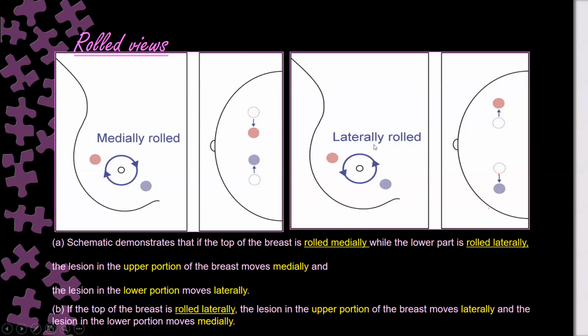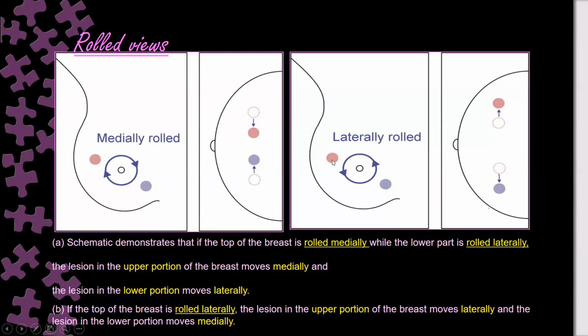Right. When I come to the lateral rolling, okay, I have the superior breast here on the lateral, same as this one, but I change the direction of pushing. I push laterally. So the lateral one, where will I push it? I'll push it more lateral, because I'm pushing in the lateral direction.